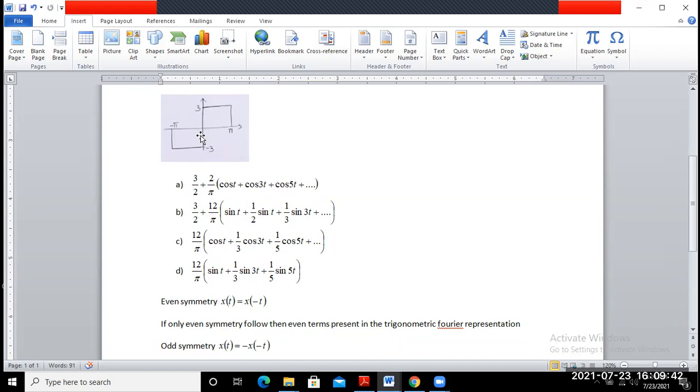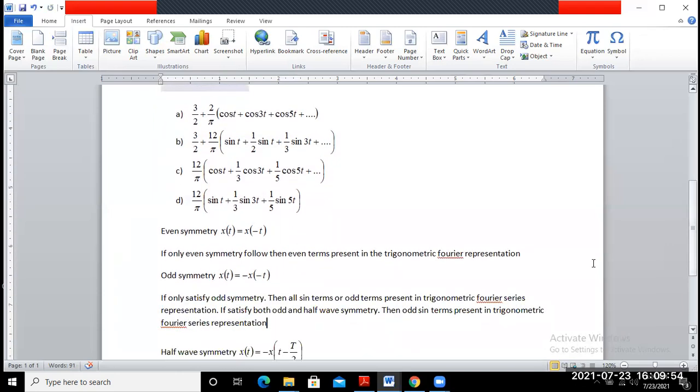So this waveform follows the half wave symmetry as well as the odd symmetry. If half wave symmetry is also followed, then only the odd sine terms are present. If both odd and half wave symmetry are satisfied, then the odd sine terms are present in the trigonometric Fourier series representation.